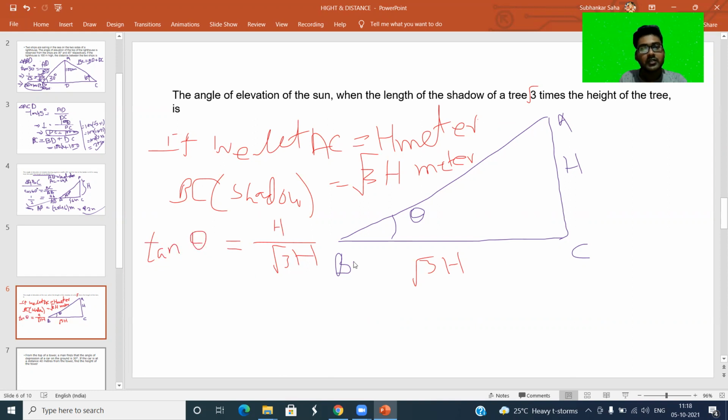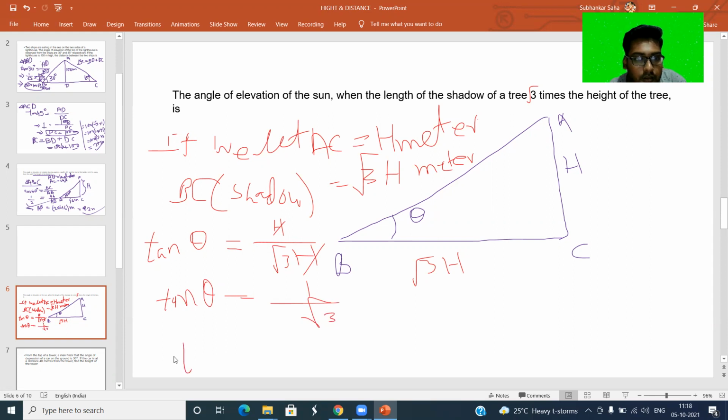Height divided by base means it is tan theta. So tan theta is equal to h by root 3h. The h cancels. Tan theta is equal to 1 by root 3.